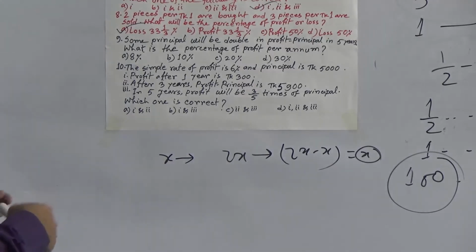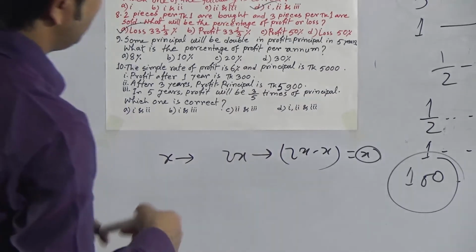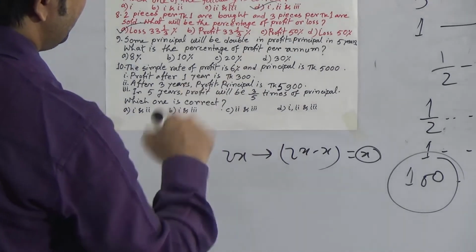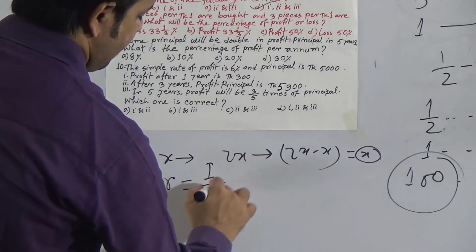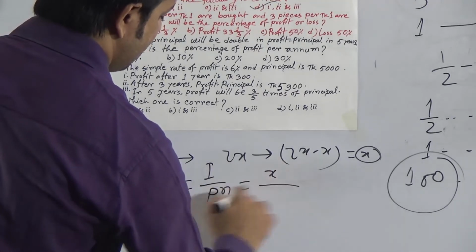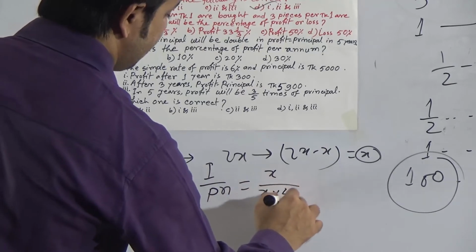And how much is the time? Time is 5 years. So if we consider the formula I equal to PRn, here we need to find R. So R equal to I by Pn. We can write here I means x, P means x, n means 5.